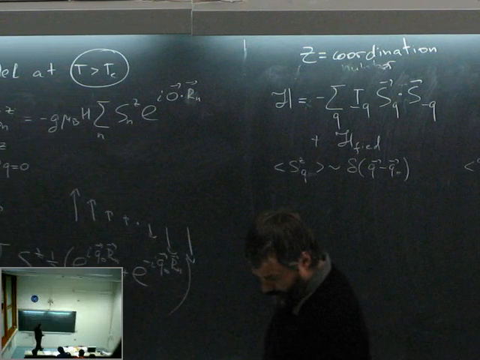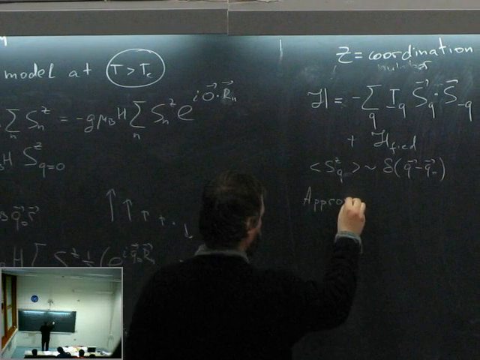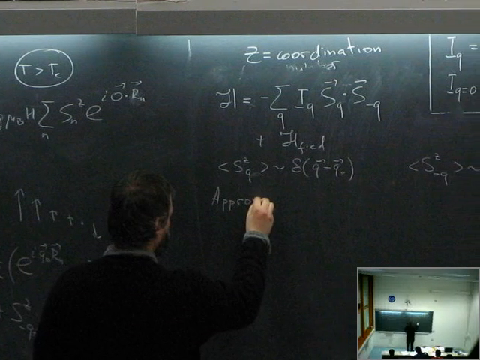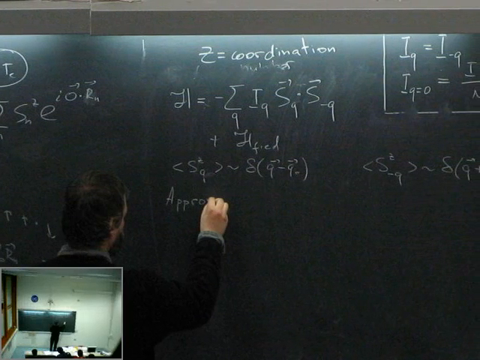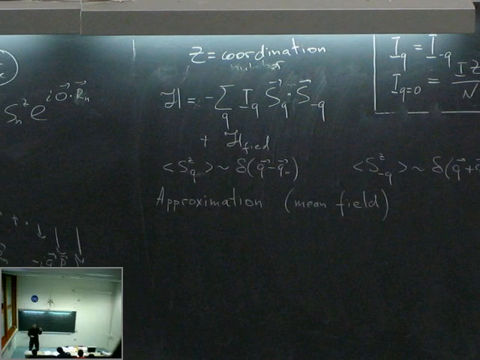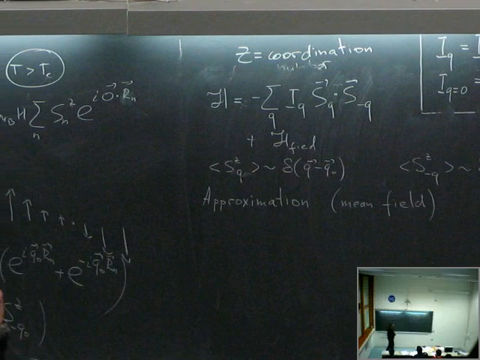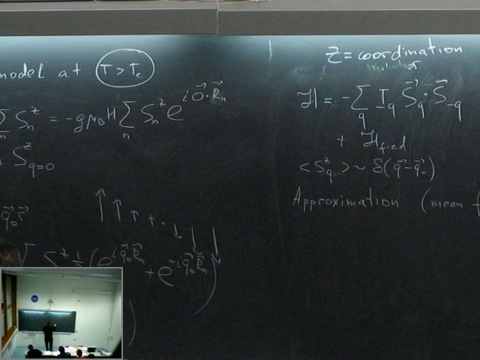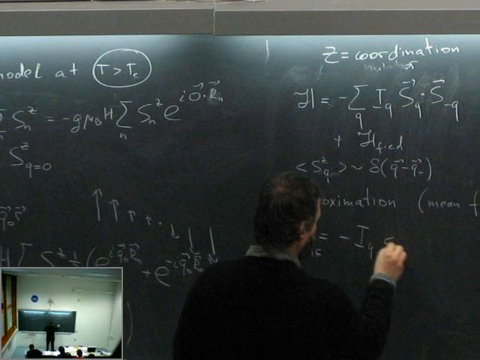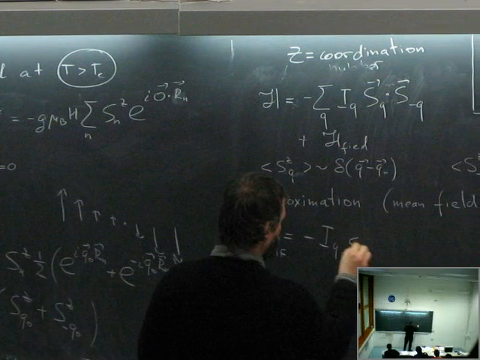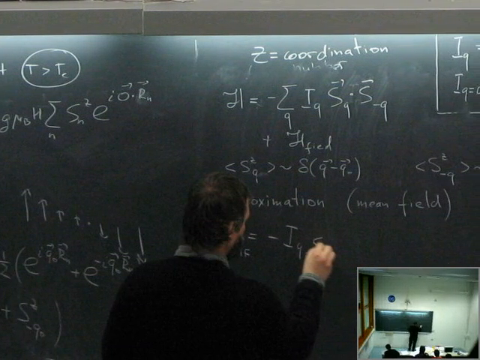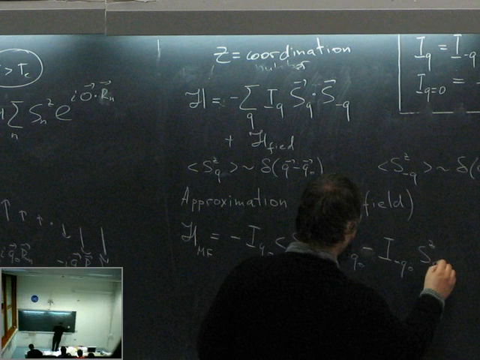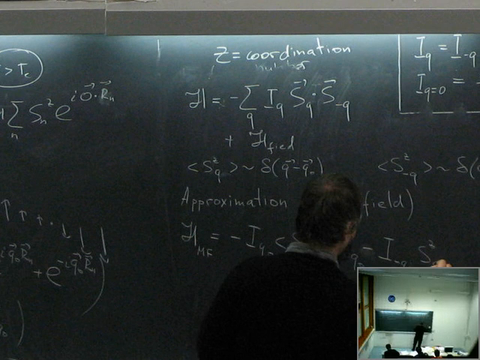So the mean field approximation, I will write it down, is this: let's replace our Hamiltonian, which is exact, by some approximate Hamiltonian in a way that we will write H mean field, standing for mean field, is equal to minus I(Q_0) S^z(Q_0) average S^z(minus Q_0) minus I(minus Q_0) S^z(Q_0) S^z(minus Q_0) average plus H_Q.